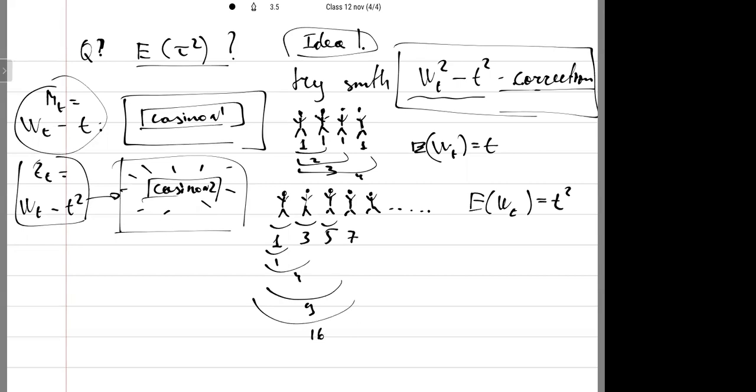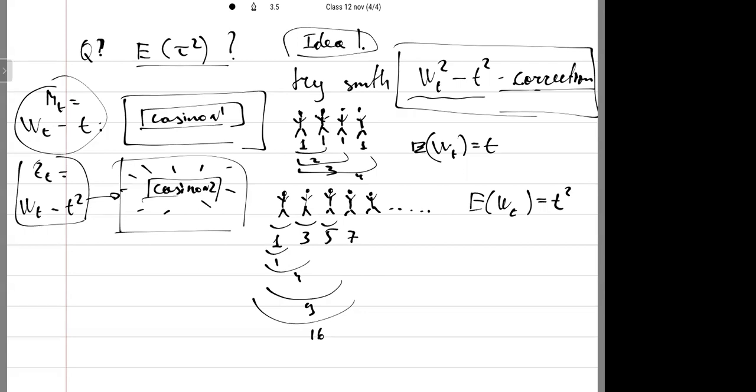So if I organize another casino, with the rules of my casino being that if you enter at time t, the security will allow you to enter if you have 2t minus $1 with you.